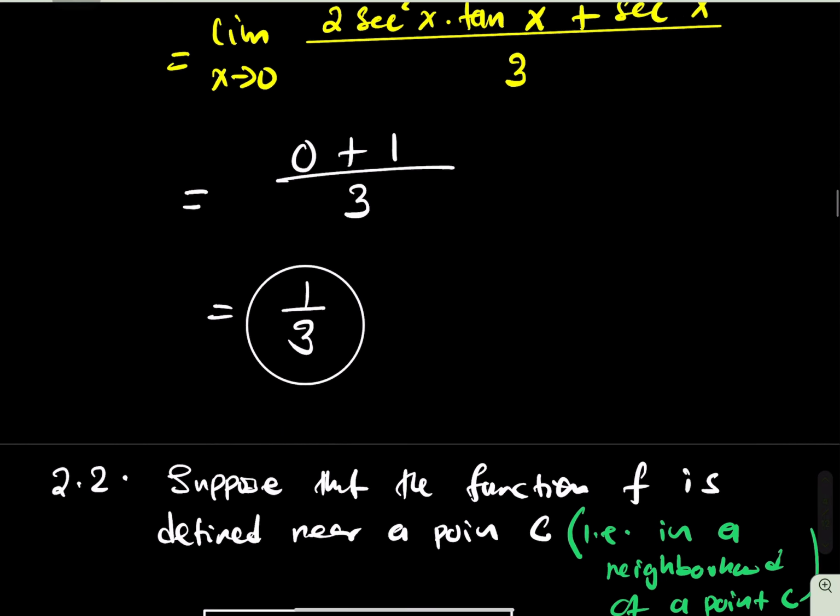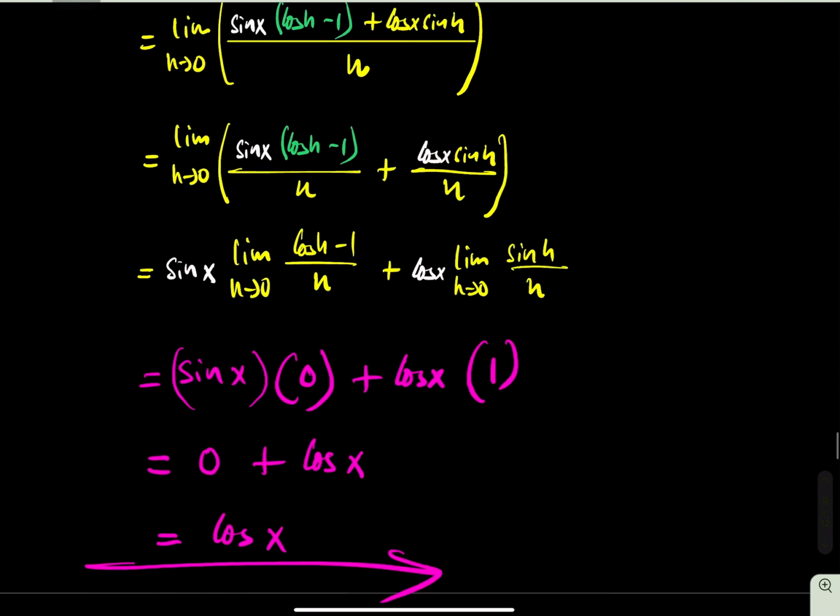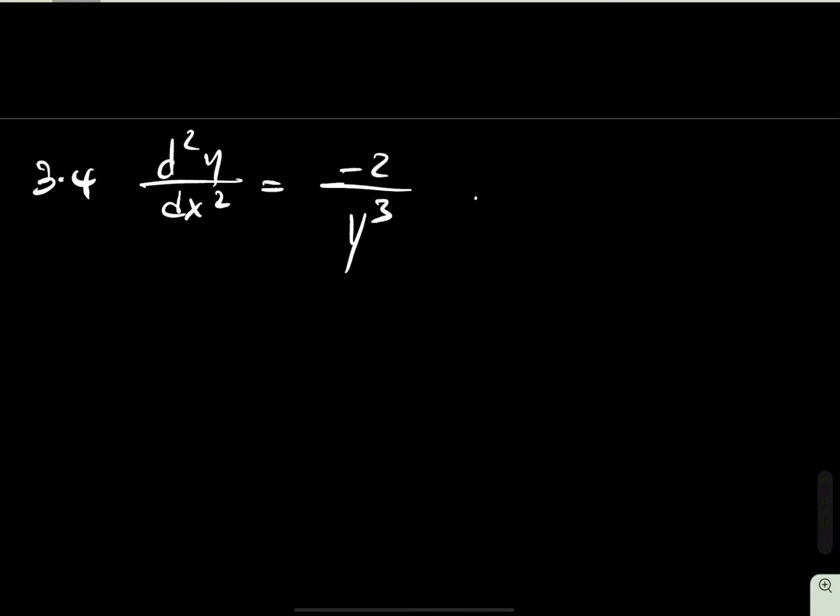Okay, we need to prove that, and we're given the circle, that is x squared plus y squared is equal to 2.